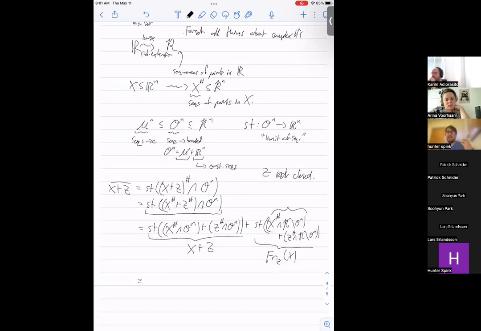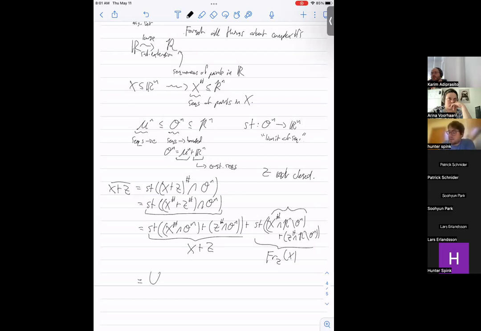So if two sequences can't be distinguished by some algebraic formula, or semi-algebraic formula, I should say, since we're working with the real numbers, then we're going to group them together. And this is what model theorists call a type.